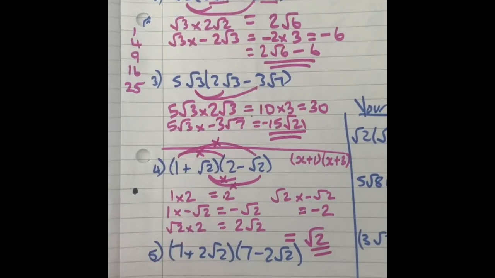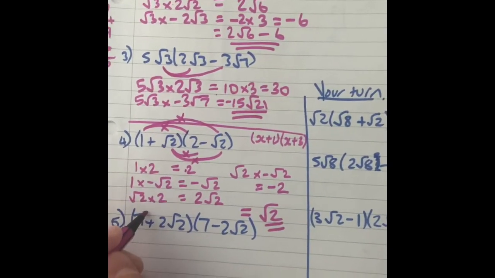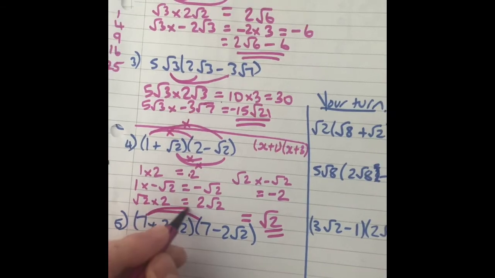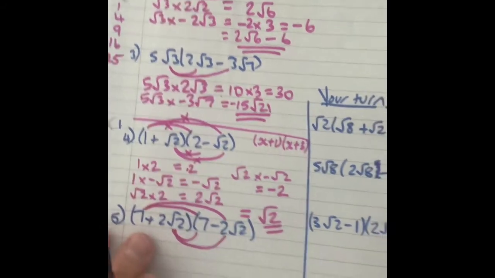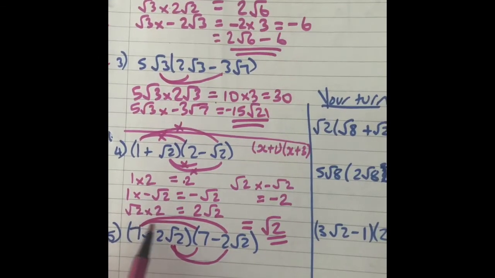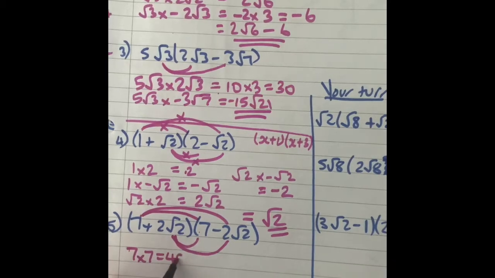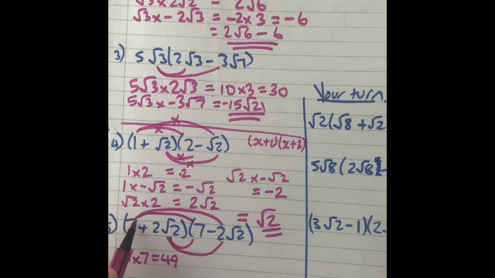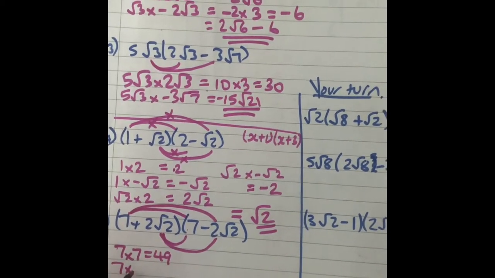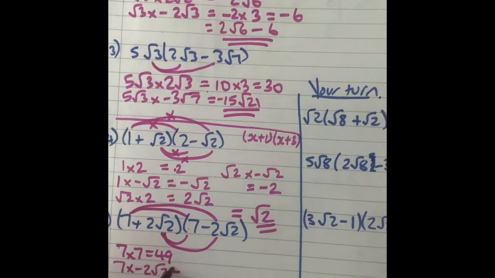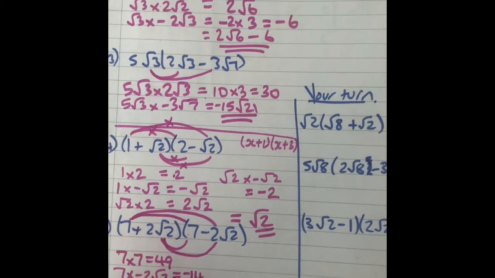Okay, last example. So same as question 4. Draw your lines on. And then 7 times 7 is 49. 7 times minus 2 root 2. 7 times minus 2 is minus 14 root 2.